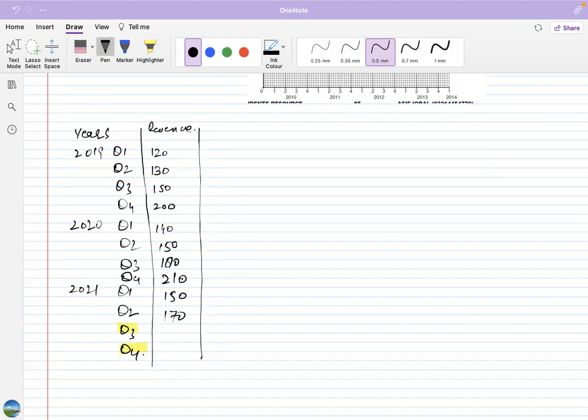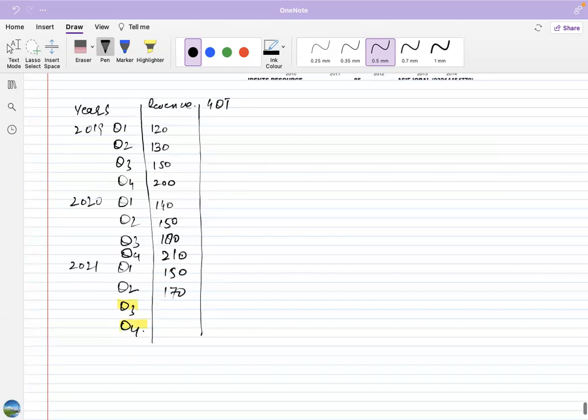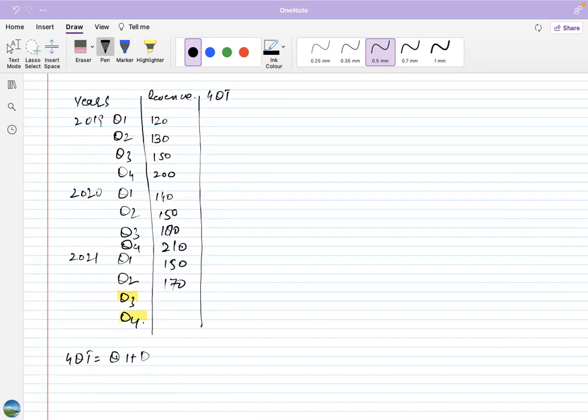Okay. The first column that might be asked from us to be calculated is the 4-quarter total. The formula for the 4-quarter total is very simple. 4QT is equal to quarter 1 plus quarter 2 plus quarter 3 plus quarter 4. What I mean is 120 plus 130 plus 150 plus 200.